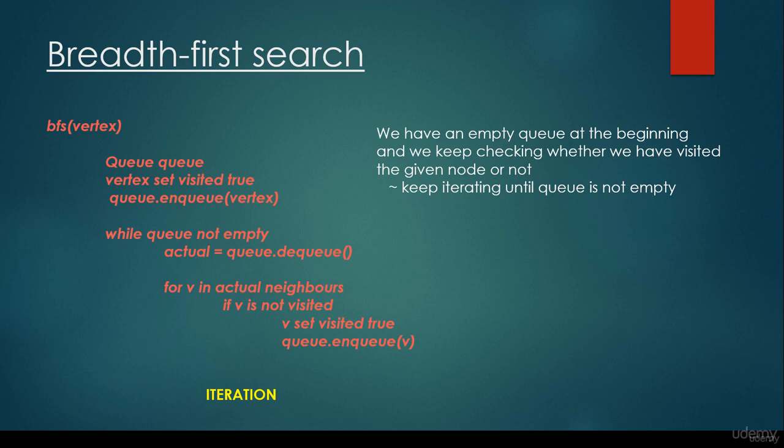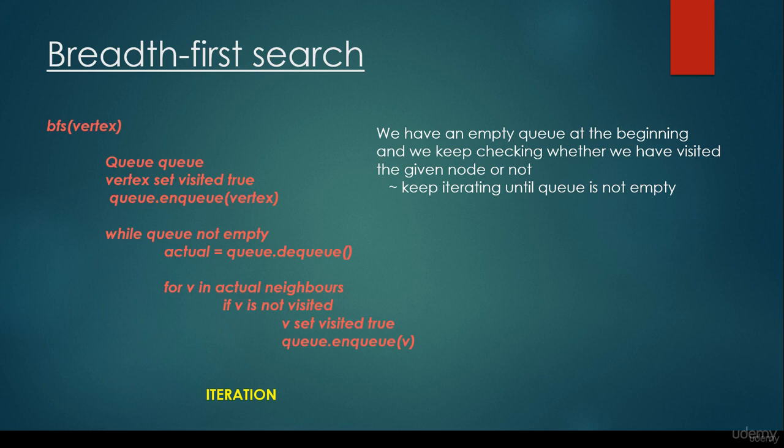So we have an empty queue at the beginning, and we keep checking whether we have visited the given nodes or not, and we keep iterating until the queue is empty. At the beginning we set the given vertex, the starting vertex, to be visited, we add it to the queue, and while this queue is not empty, first we dequeue, which means that we take out a single vertex from the queue.